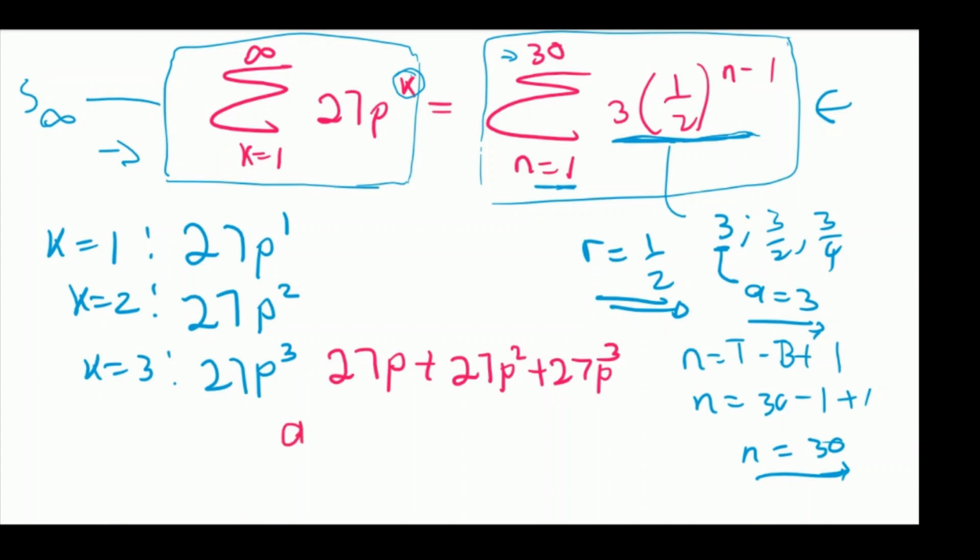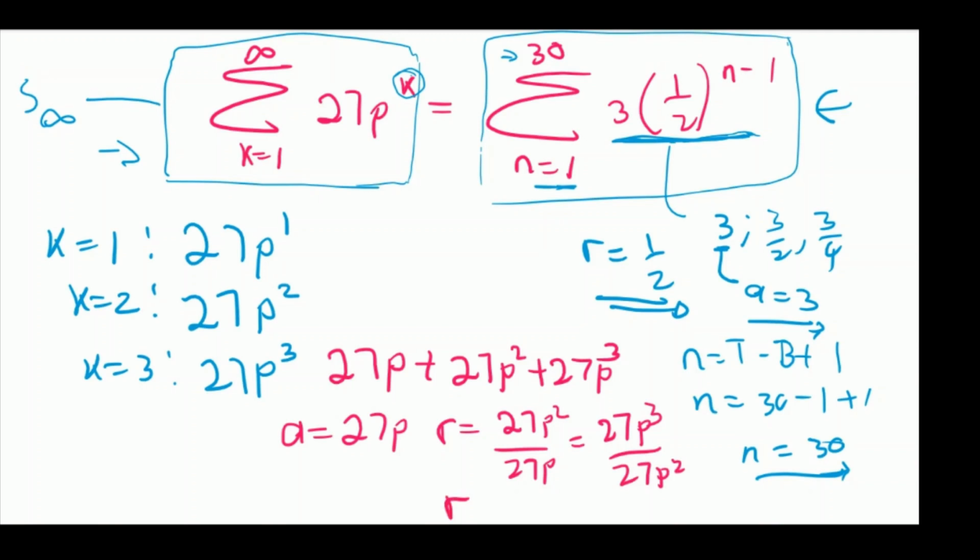Right, so our a value is equal to 27p, and then our r, because this is a sum to infinity, is going to be 27p squared over 27p, equal to 27p cubed over 27p squared. So our r here is going to be p, because the p will cancel the p, remaining with p, and the 27 will divide out.